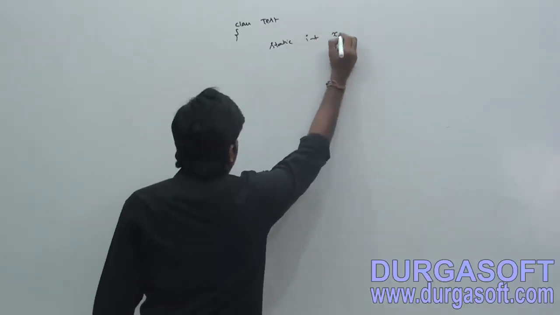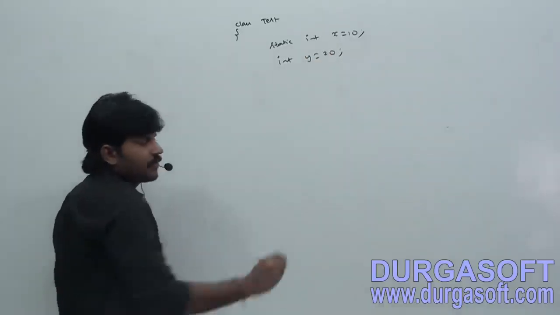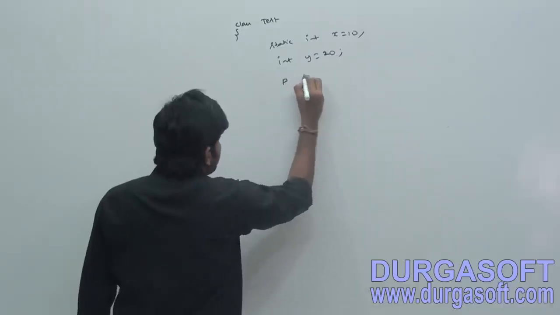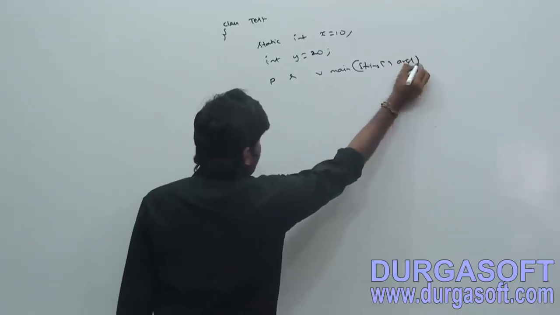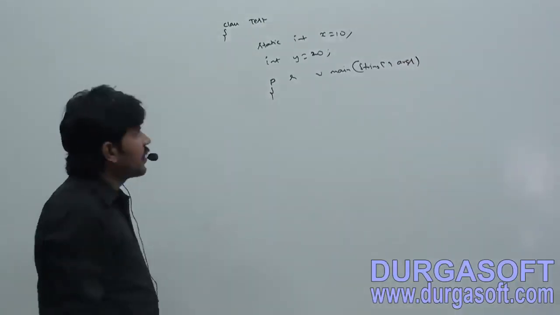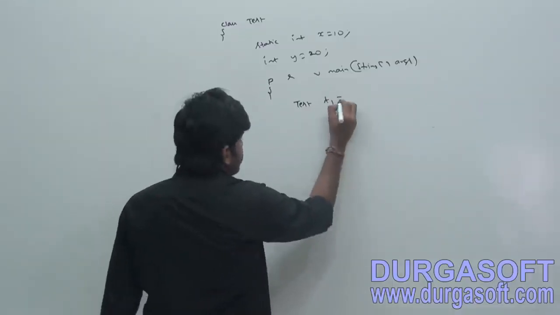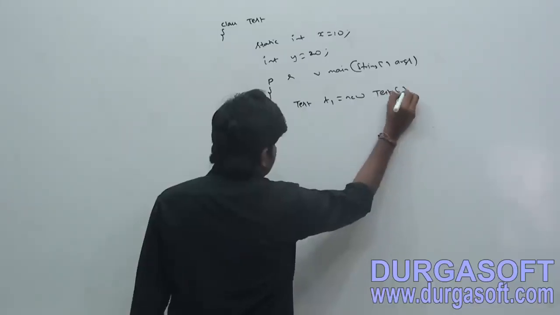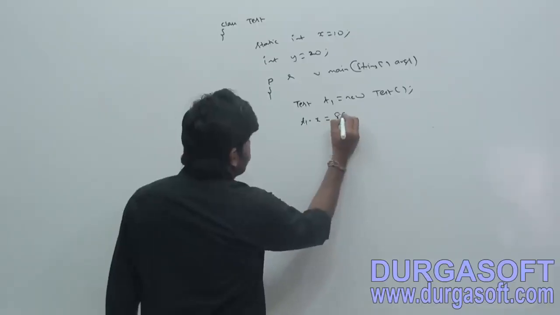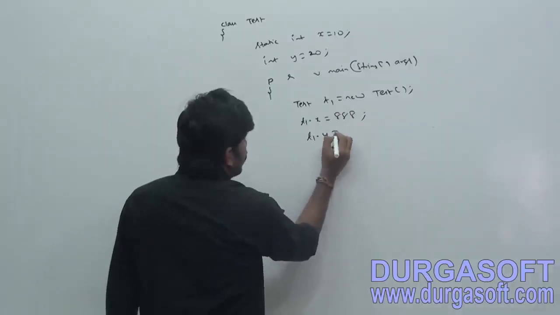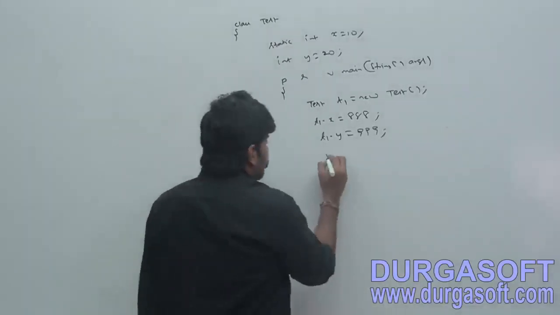Keep this point in mind and tell the answers. Static int x is equal to 10, int y is equal to 20. Public static void main, String array args. Test t1 is equal to new Test. t1.x is equal to 888, t1.y is equal to 999.